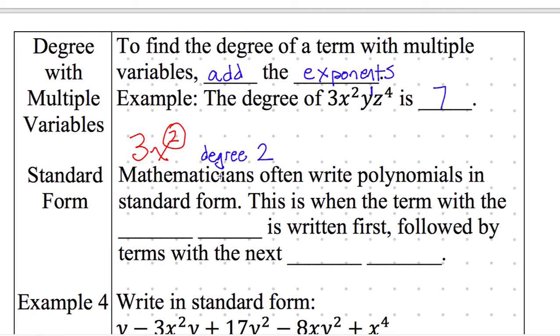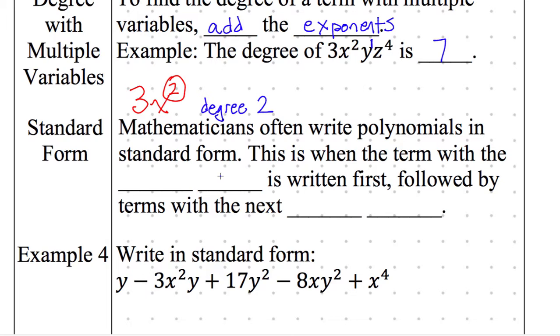All right, the reason I'm talking about that is because I want to talk about standard form. Standard form is how most mathematicians write polynomials. This is when the term with the highest or biggest degree is written first.